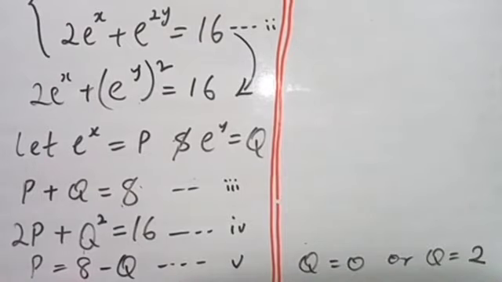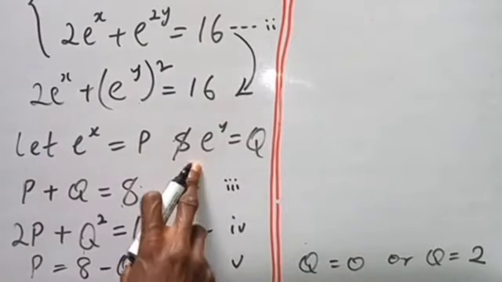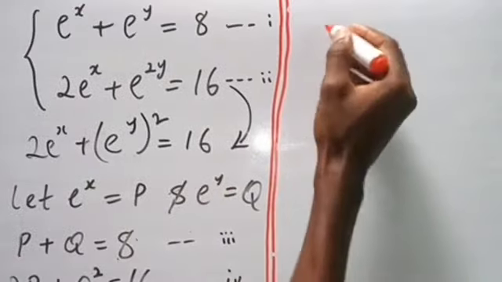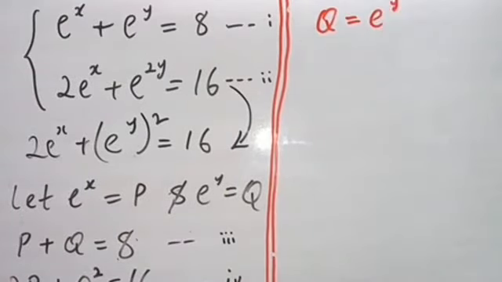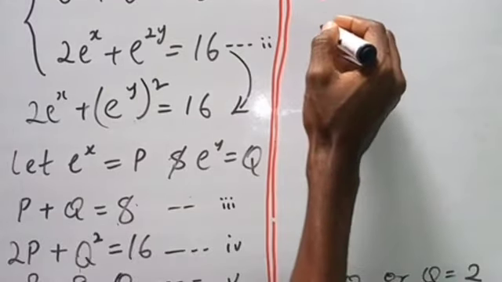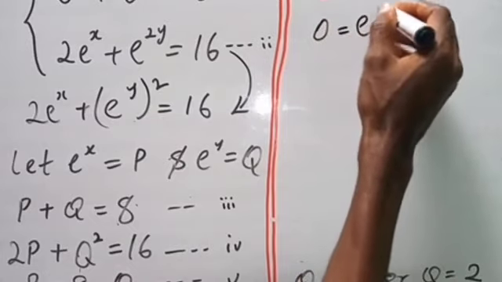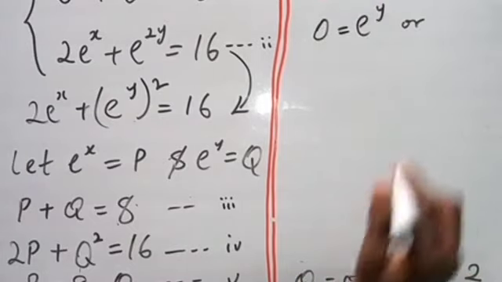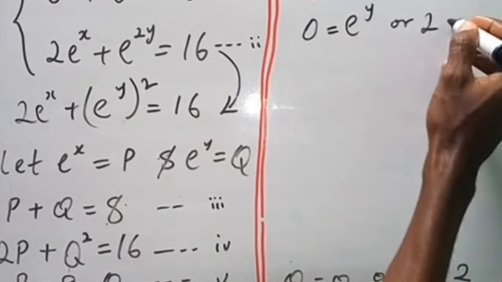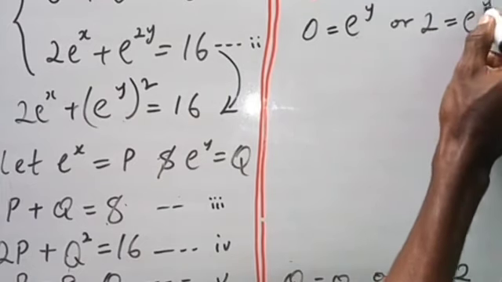Now remember that our q is equal to e raised to power y. Since q is equal to e raised to power y, when q is equal to 0, we will have 0 equals e raised to power y, or when q is equal to 2, 2 equals e raised to power y.